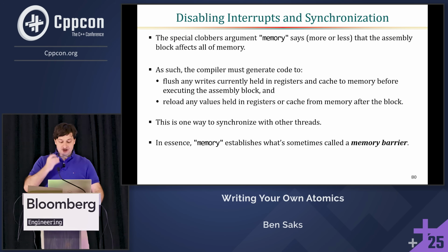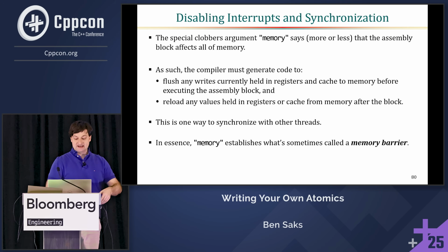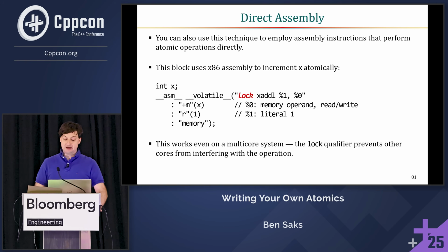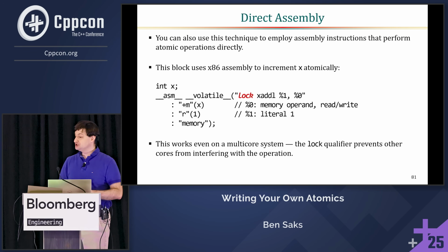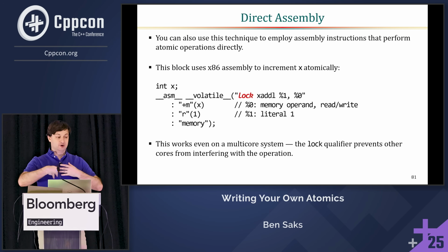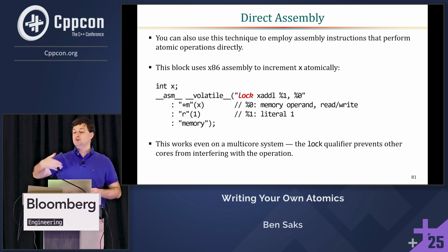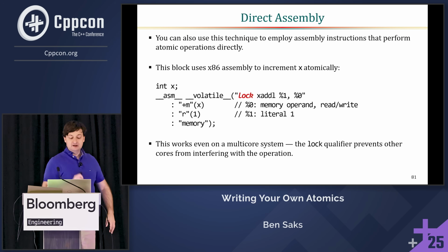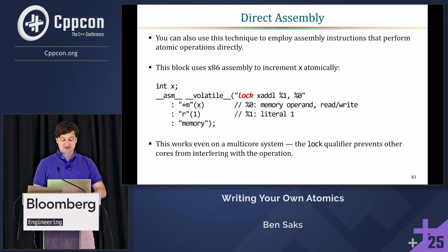Now, I've shown this to you in the case of using the SEI and CLI instructions to enable and disable interrupts, but you can use this same technique in other situations to employ assembly instructions that would go ahead and perform atomic operations directly. Like here, what we have is a small block.